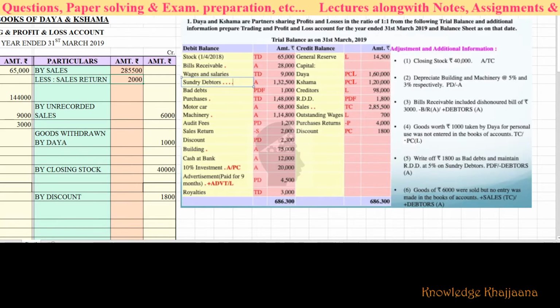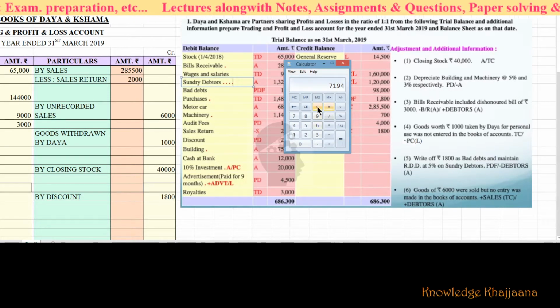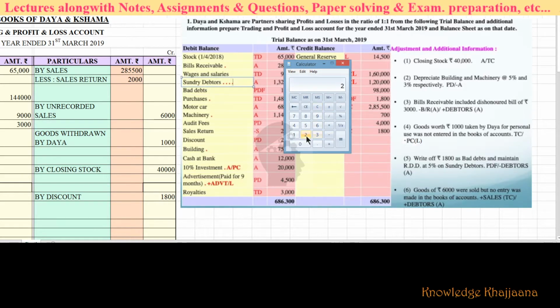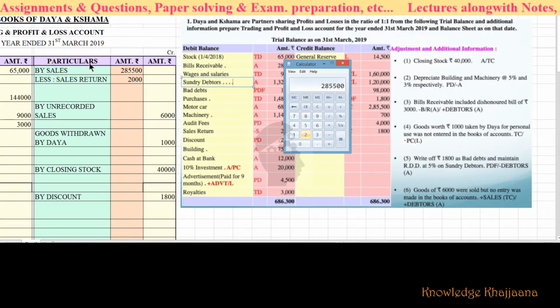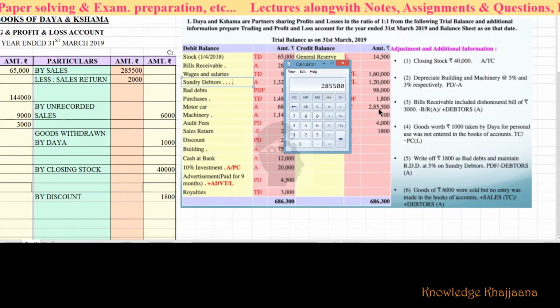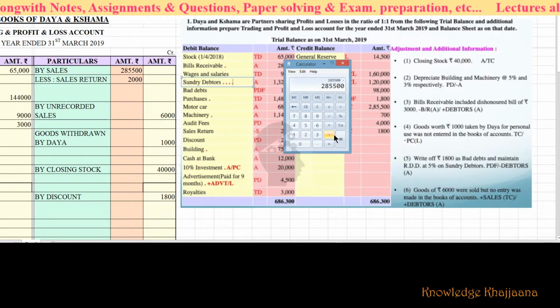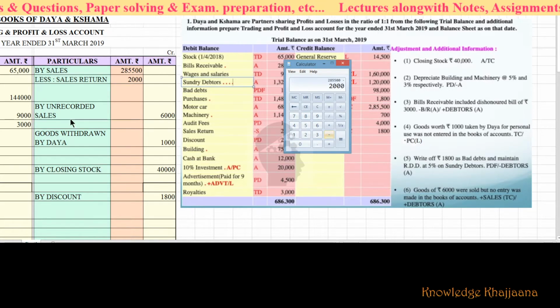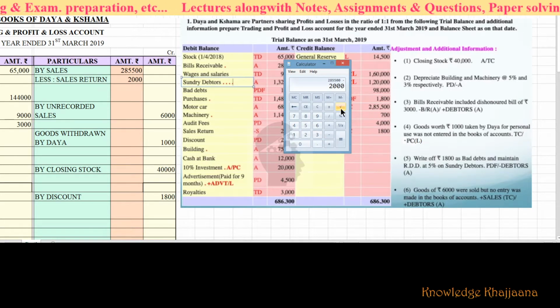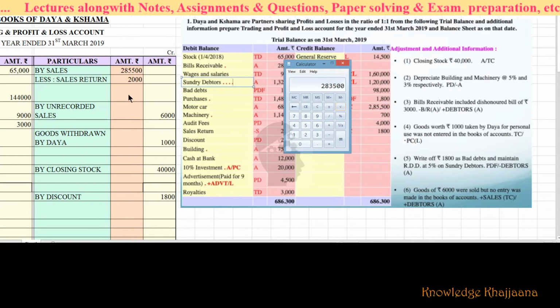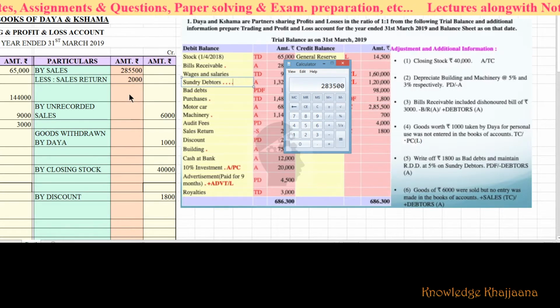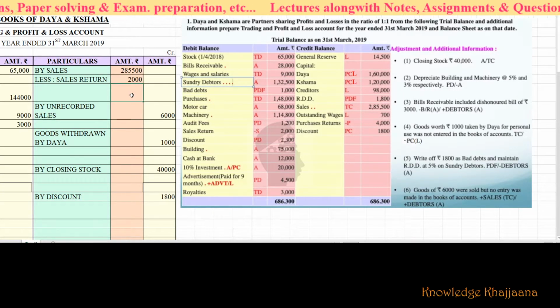See, 2,85,500. 2,85,500 was the amount of sales given, right? 2,85,500 less rupees 2,000 were returned, right? So the total was 2,83,500.